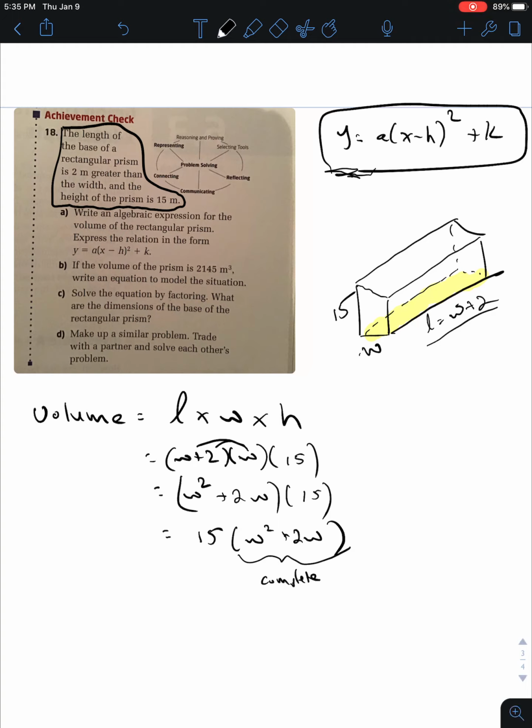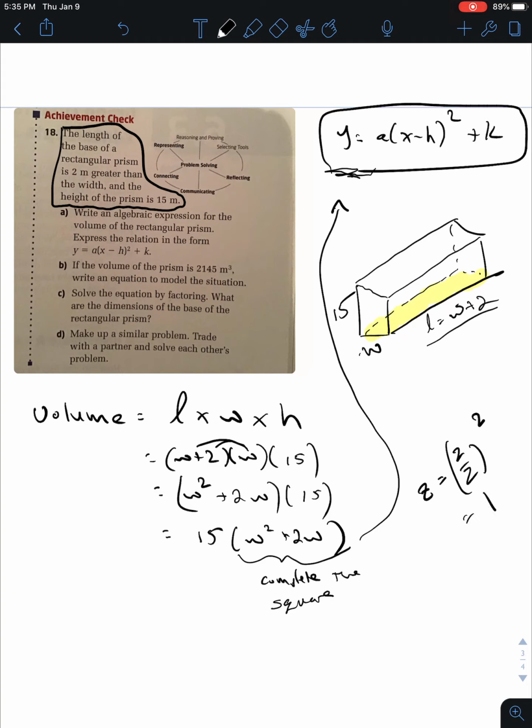Once I do that, I'm going to get something that looks like this. So my Z value in this question is going to be 2 divided by 2 squared, right? So that's just 1.